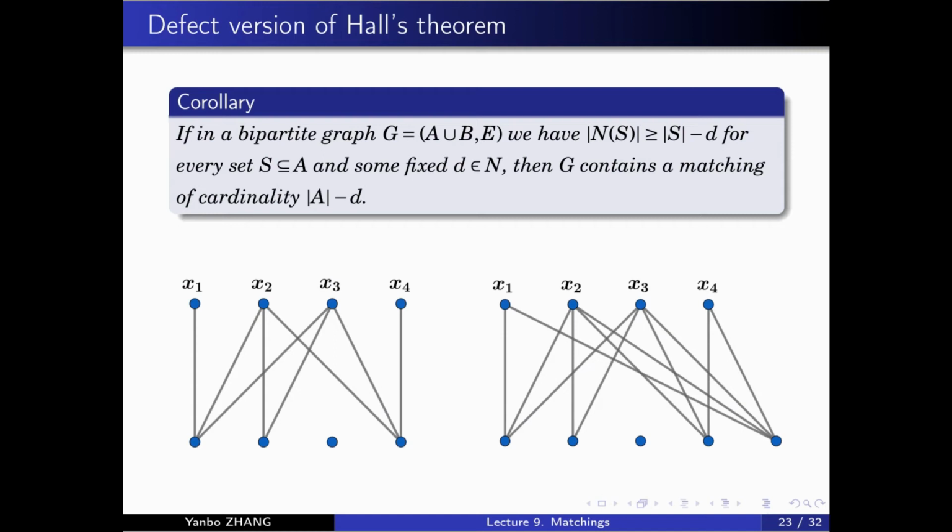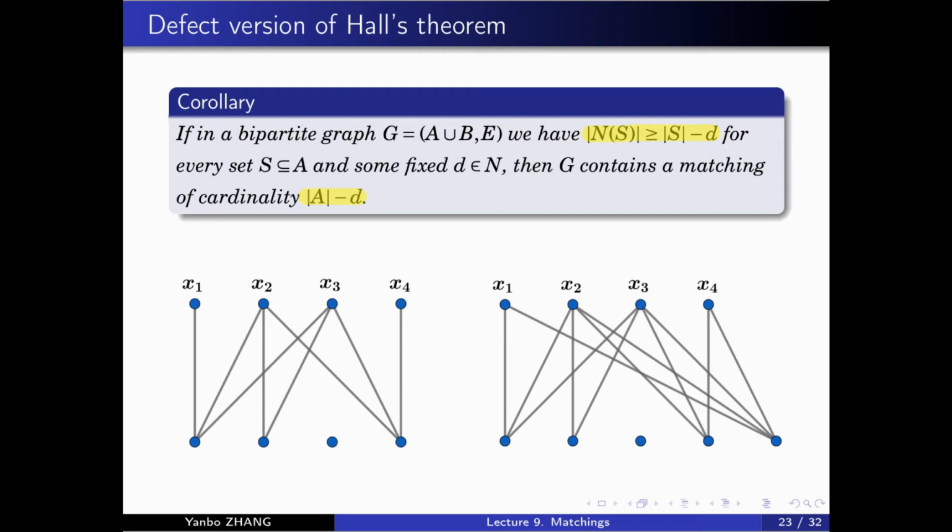If in a bipartite graph G equals (A union B, E), A and B are the two parts of this bipartite graph, and we have the size of N(S) is greater than or equal to the size of S minus d for every subset S of A and some fixed d belonging to N, then G contains a matching of cardinality |A| minus d.